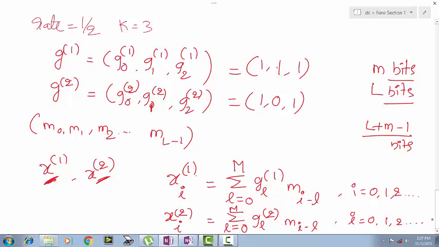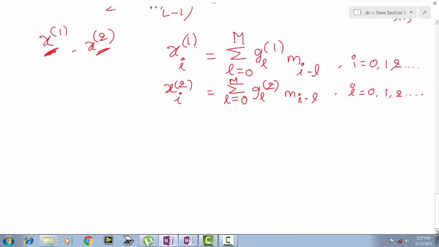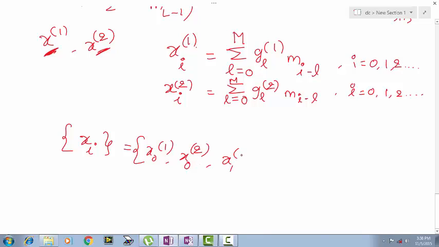And the final output, as we see at the convolutional encoder, at the output we have a switch or multiplexer which switches between the two outputs. So the final output is given by xi, which is x naught of 1, x naught of 2. That means the first output bit from the first adder, the first output bit from the second adder. Similarly x1 of 1, x1 of 2, x2 of 1, x2 of 2 and so on.